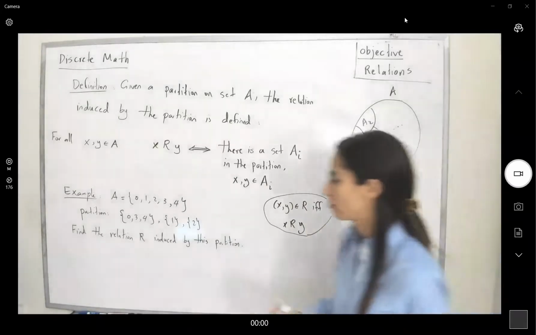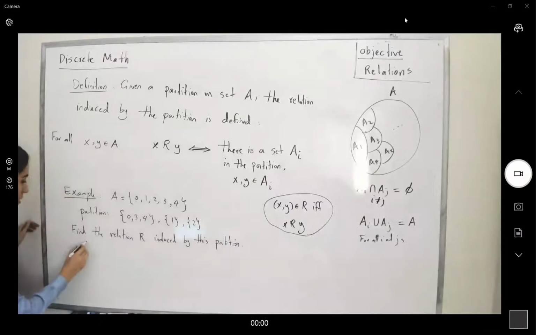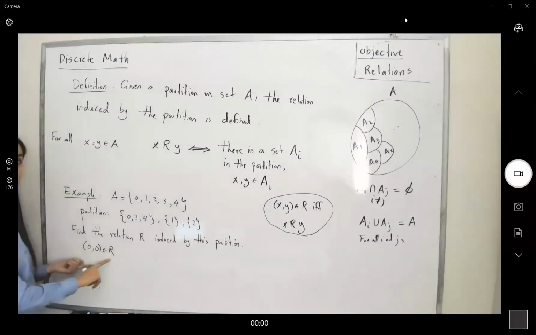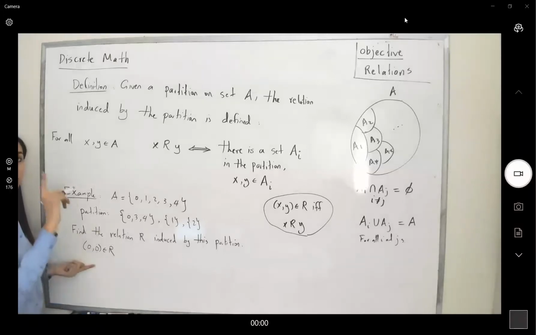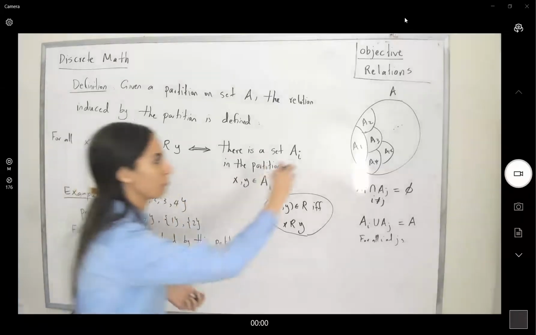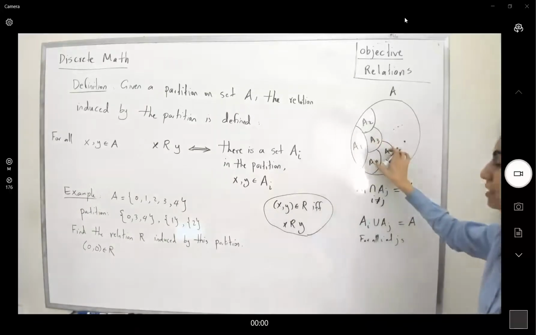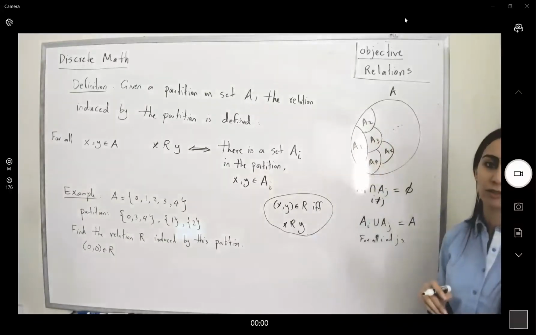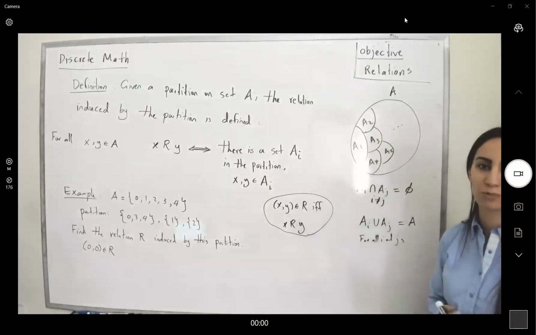So can you say that 0 and 0 is in this relation? Can you have one of these subsets that actually include 0?